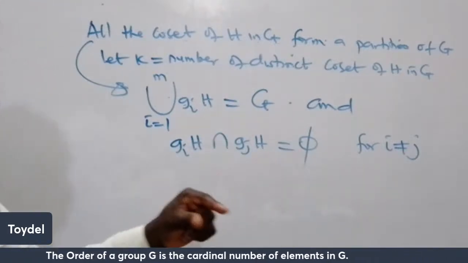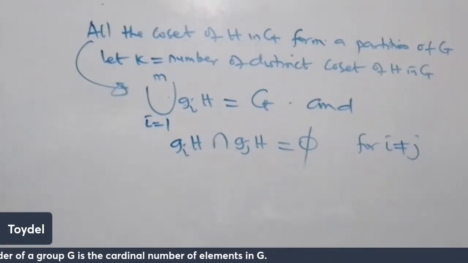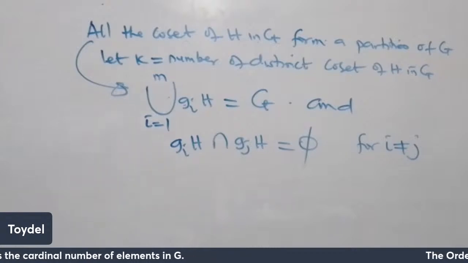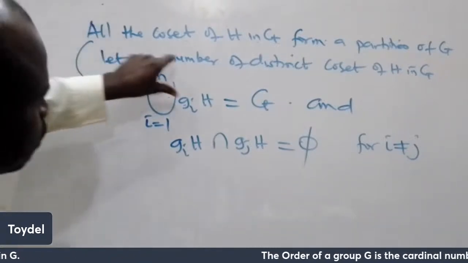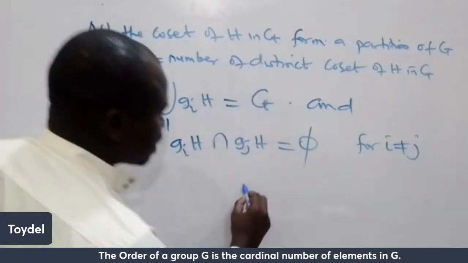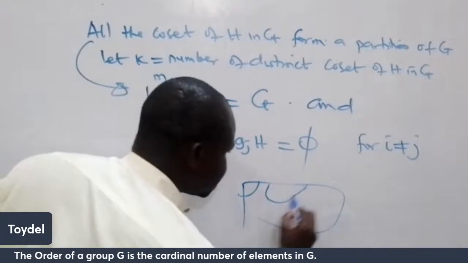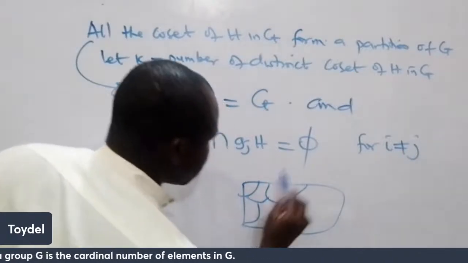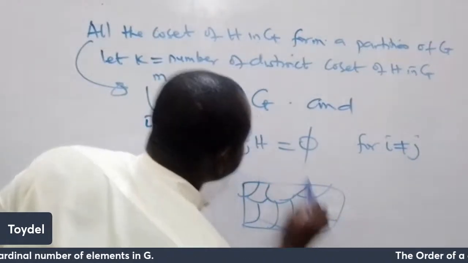When you take the intersection of two elements and it's empty, it simply means the two elements have nothing in common. Because we are talking about a partition, they belong to different groups, with nothing in common. But the union of everything gives us G.